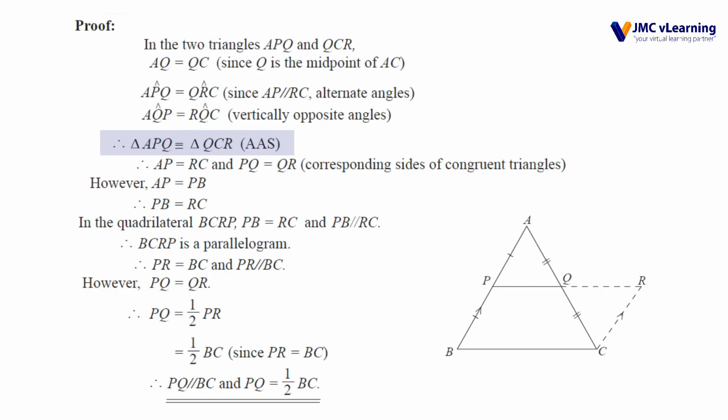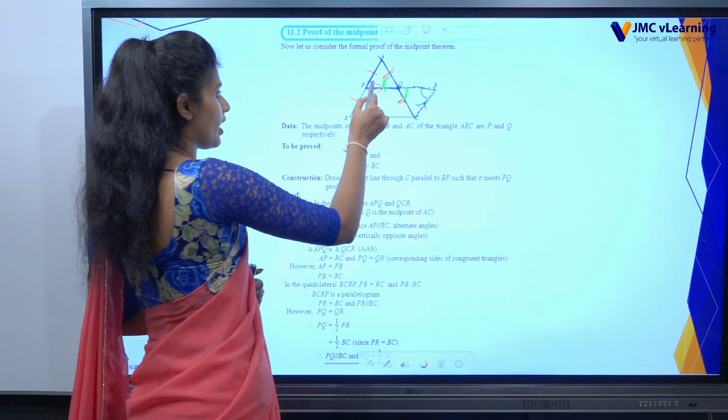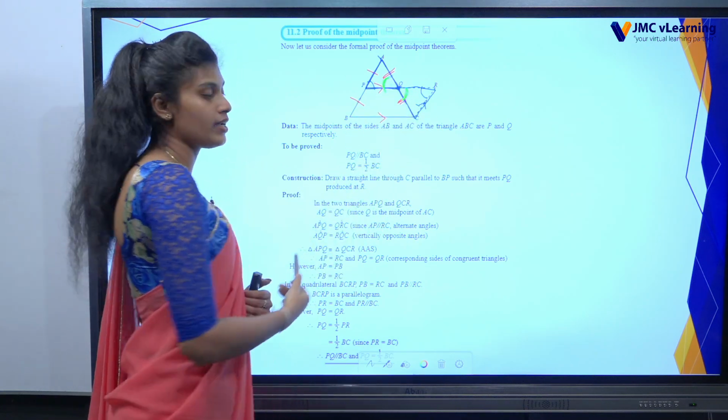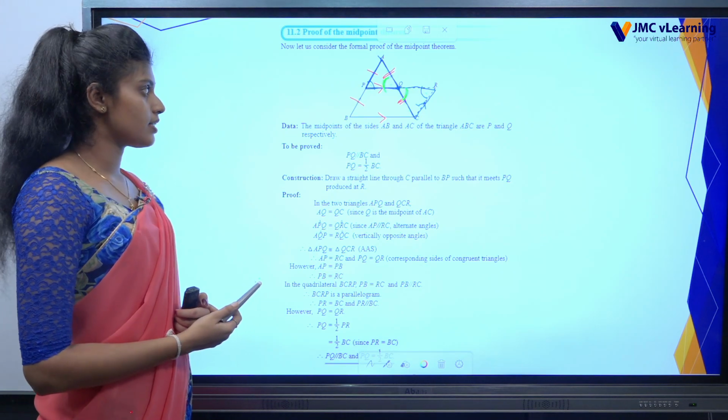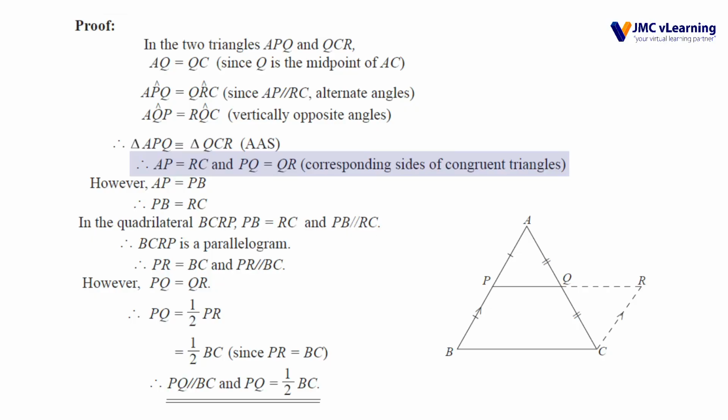Then we can write APQ triangle is congruent to QCR triangle. Why is that? Angle, angle, side. There are two angles and one side equal to each other. So, these triangles are congruent to each other.